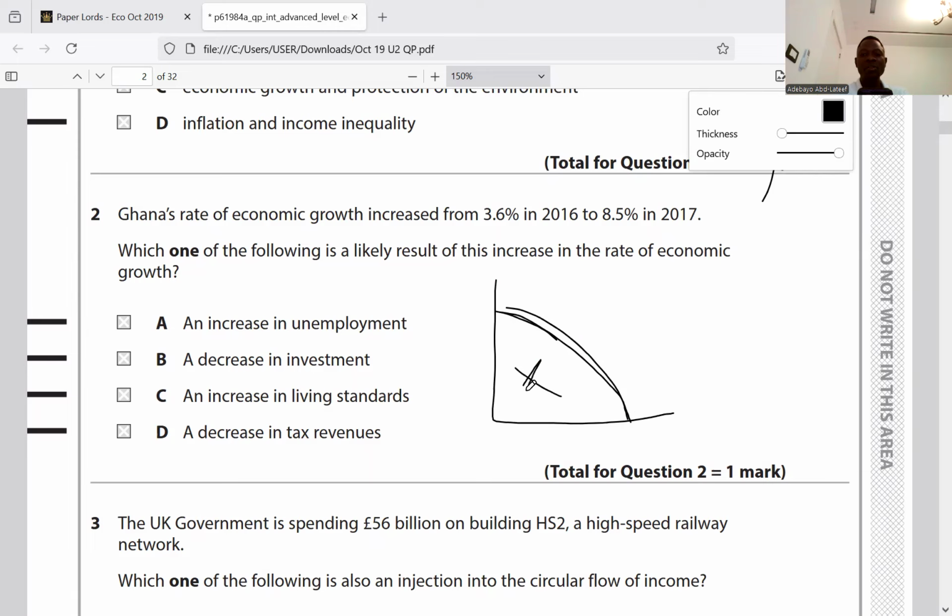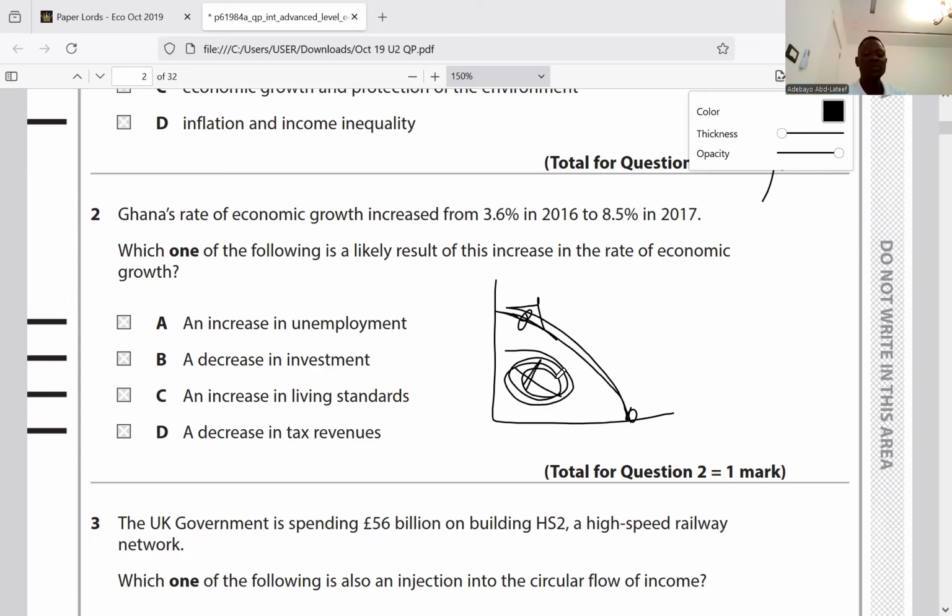And the economy is supposed to operate on the boundary, where the country is supposed to be operating. So unemployment simply means that the economy is inside the PPF. That means there are unemployed resources, and that will not bring about economic growth. So an increase in unemployment would not increase output. And if output is not increasing, then we can't talk about economic growth.